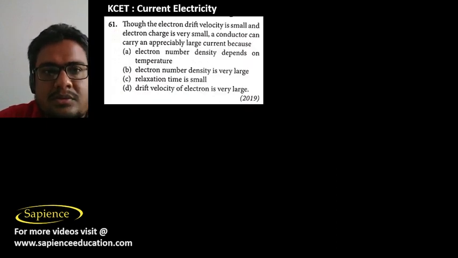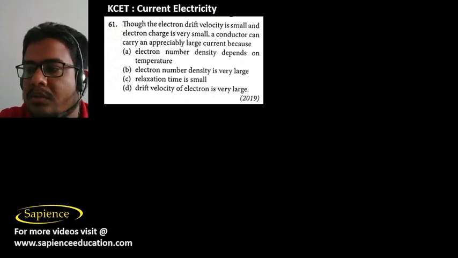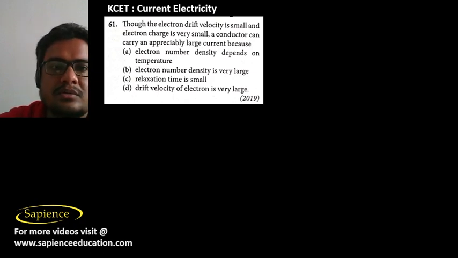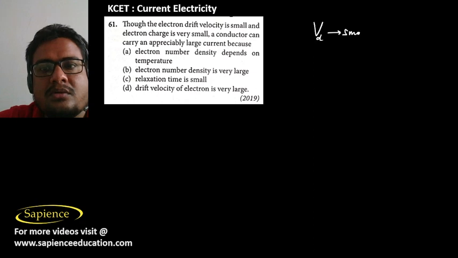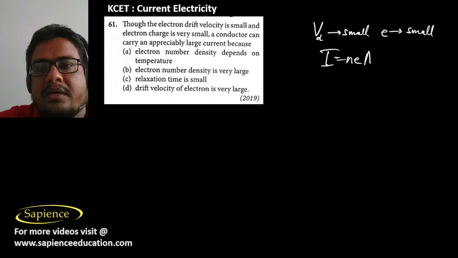Then in question number 61, it is told though the electron drift velocity is small and electron charge is very small, a conductor can carry an appreciably large current because... Electron drift velocity is small and electron's charge is also very small, but the conductor can carry an appreciably large current, means I equal to nEAvd.